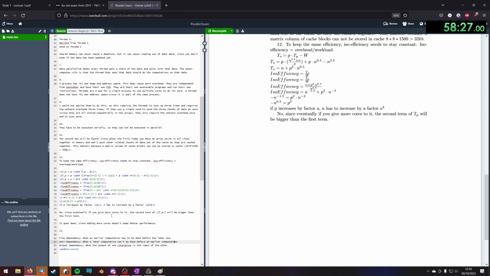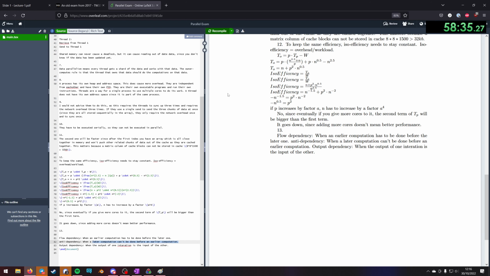Sorry, what I said was wrong. A variable is used to compute something and get an output, and then that same variable is overwritten in the next step. So with anti-dependency, if you do it wrong, something's overwritten and you use the wrong thing. With flow dependency, you simply cannot compute the next step. That's a nice way of putting it.